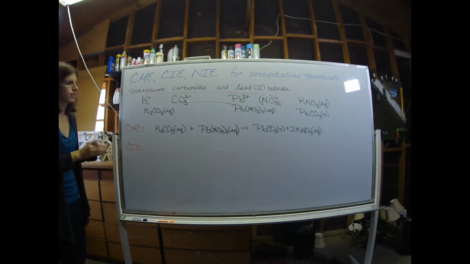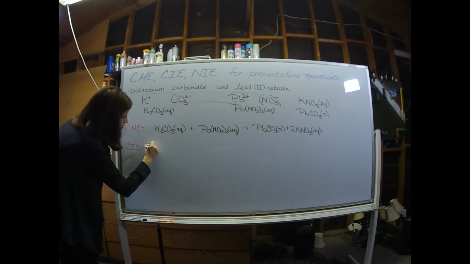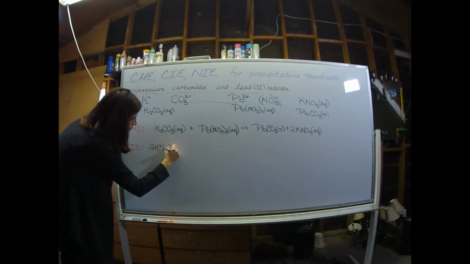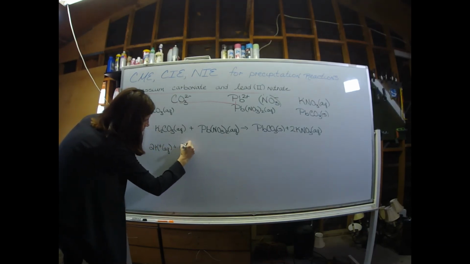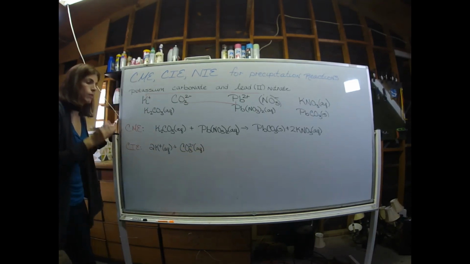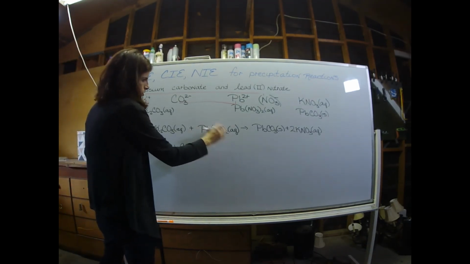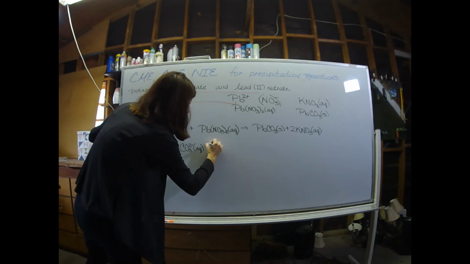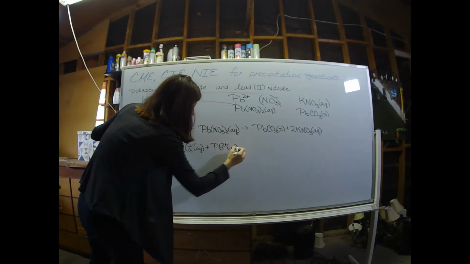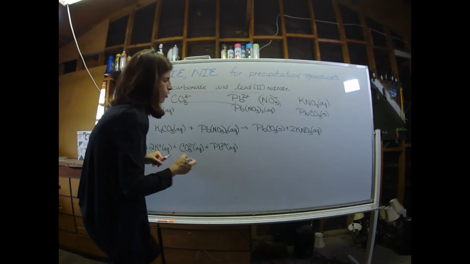Complete ionic equation. I'm going to break up everything that's aqueous. This 2 means that there's 2 potassiums, so I'll bring it out front. You got to keep on labeling everything as aqueous if you're breaking it apart. The 2 goes back to the lead, that's the charge on the lead. And then it also tells me that there's 2 nitrates per every 1 lead floating around in that beaker.